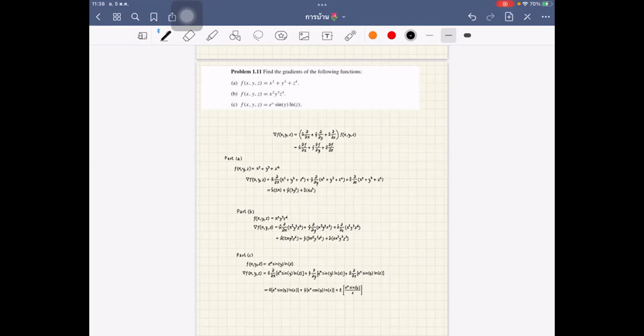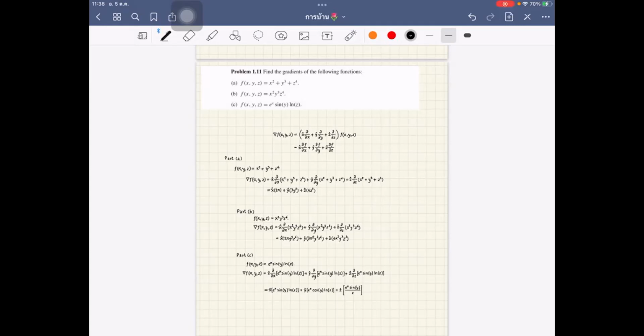As we can see on the screen, the gradient of f is equal to x hat df by dx plus y hat df by dy plus z hat df by dz.